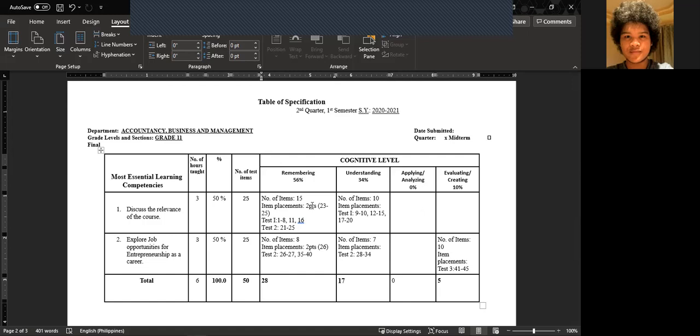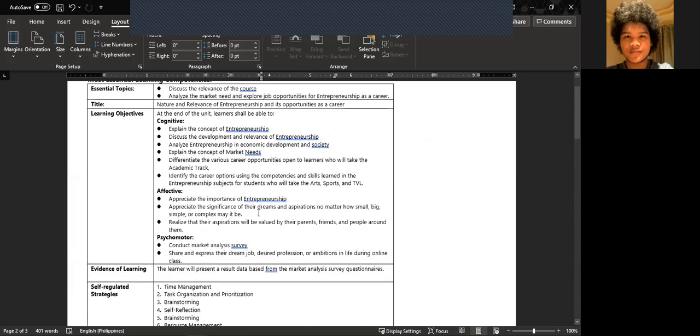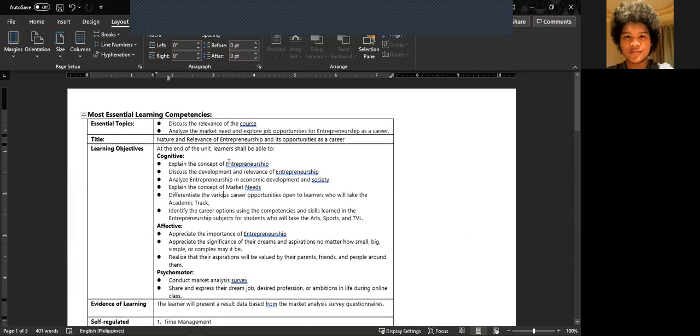This is according to the teacher's design of the table of specification, according to the objectives identified on the learning objectives, which is taken from the essential topics.